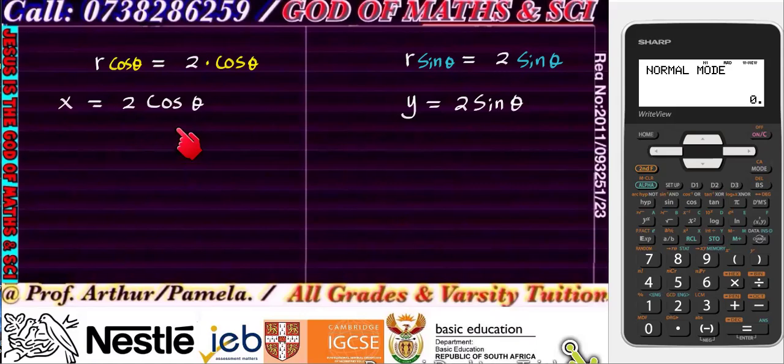Now, in my mind, one thing I was thinking was to square more, because somebody might say, if I square that, and then I square that, it looks like x squared equals 4 cos squared of theta. Do you see that? Yes. And the moment you see that, we can replace it.